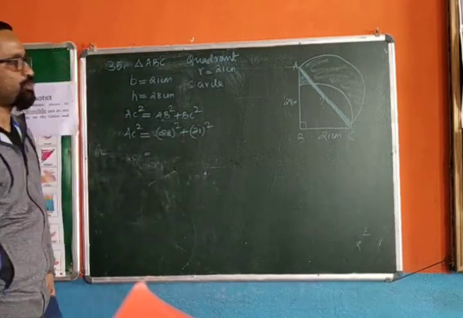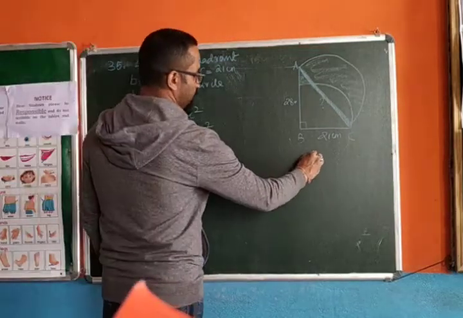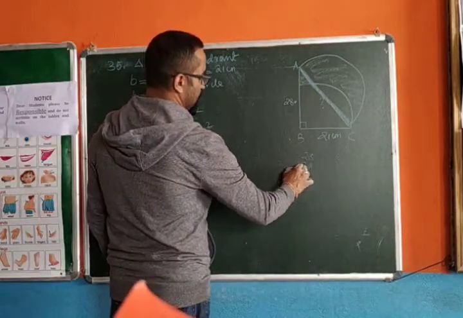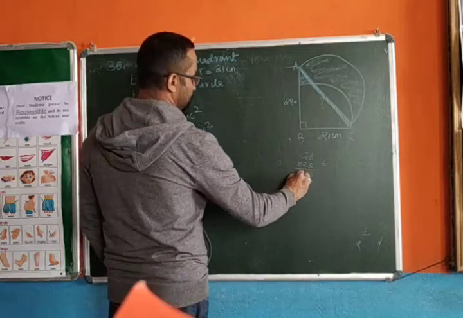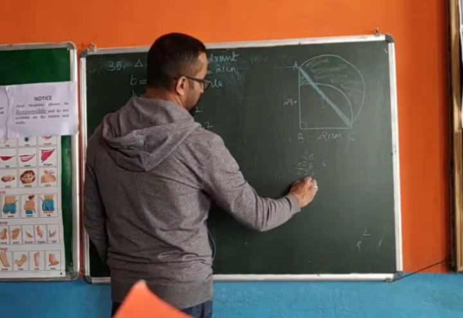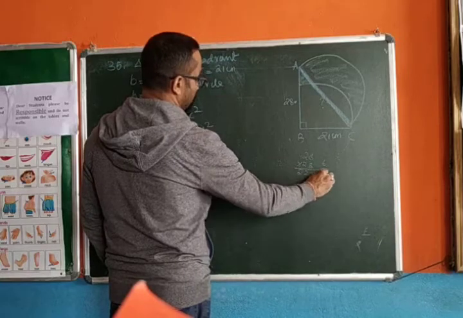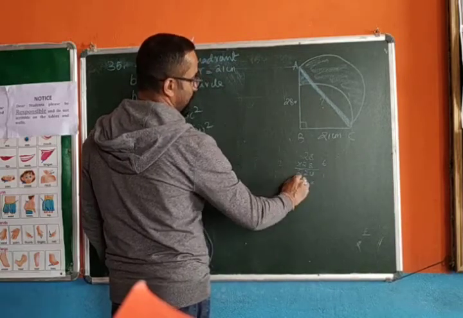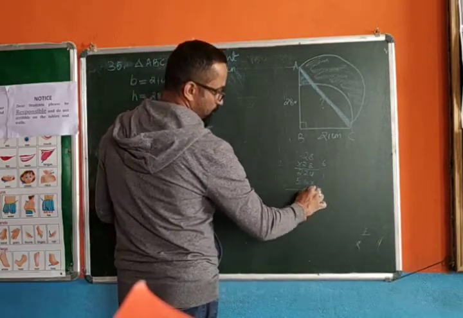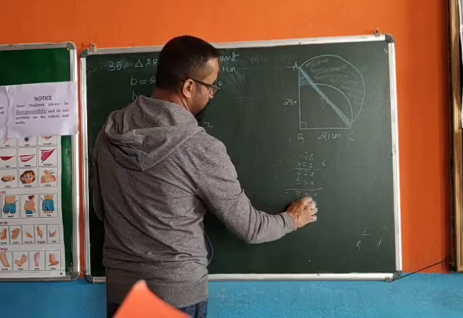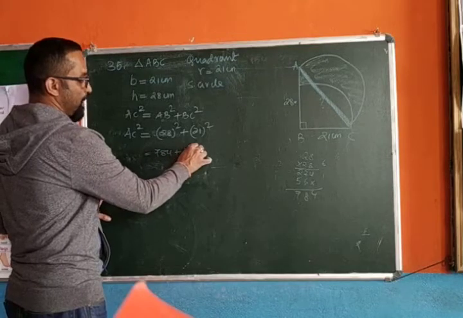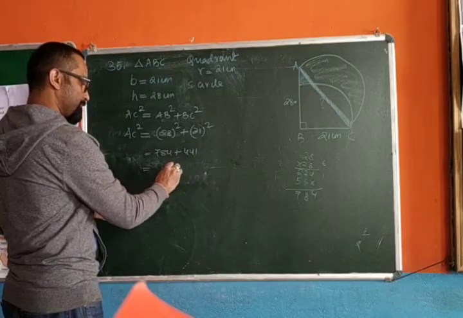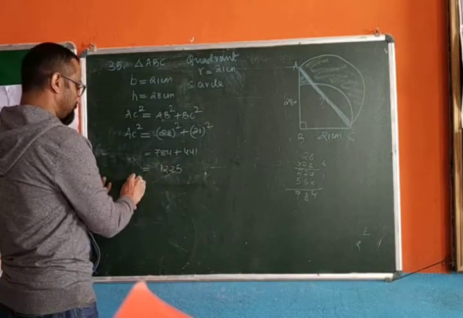Multiply 28 two times: 784. Plus 441. Add it up: 1225.